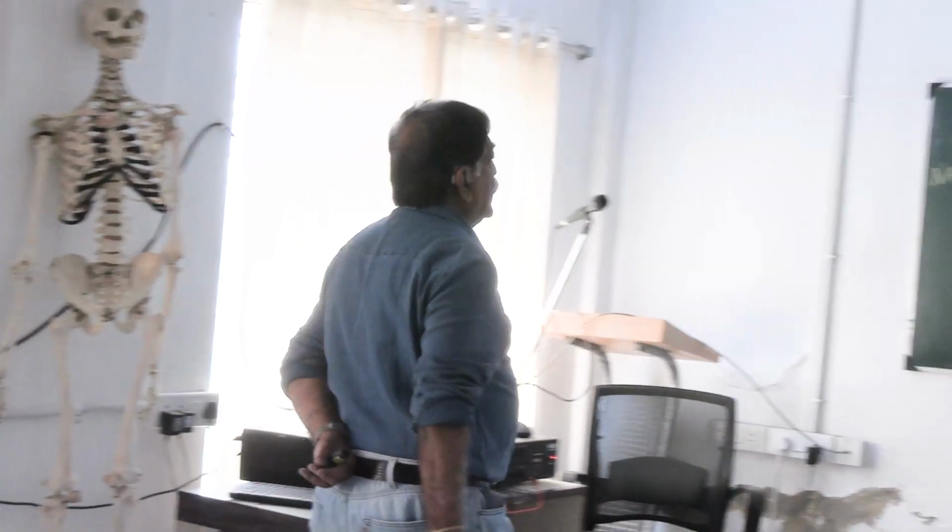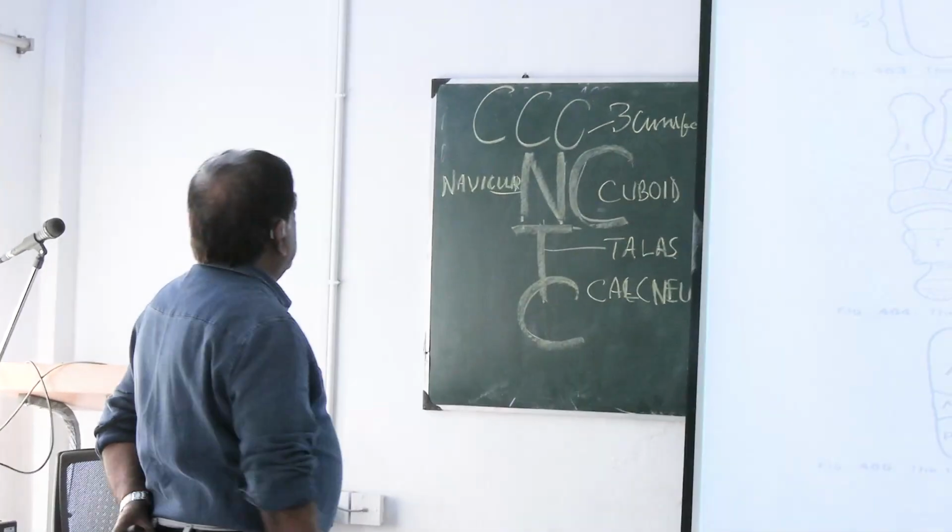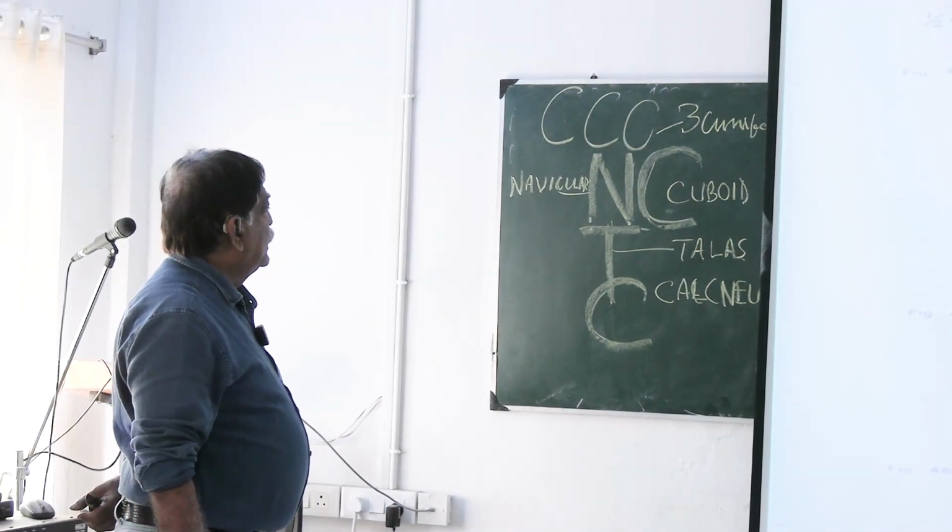And after this, one day I will show you an easier way to remember the hand. Now you put this in your head: three cuneiforms, the navicular, cuboid and talus.